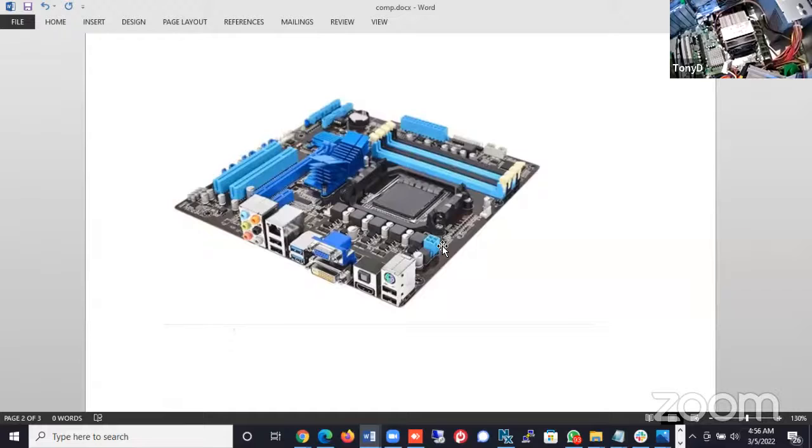So the motherboard is a very important key that we have to understand.